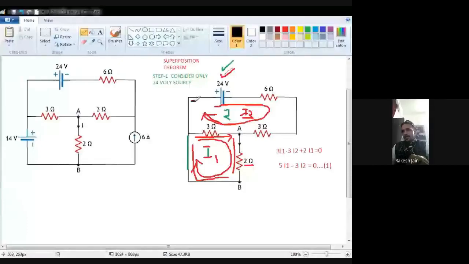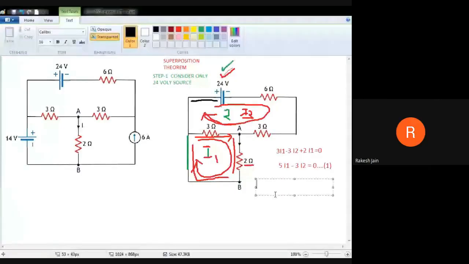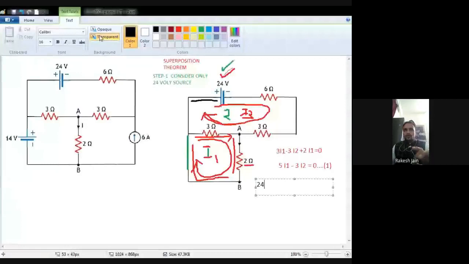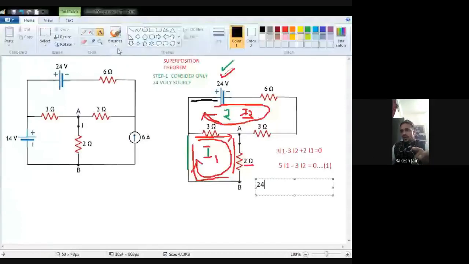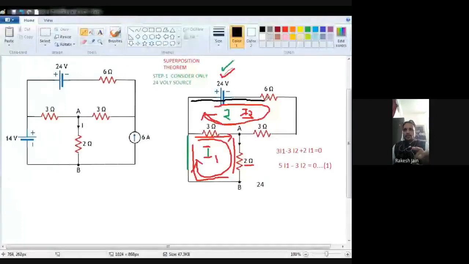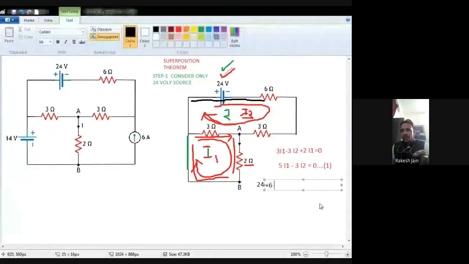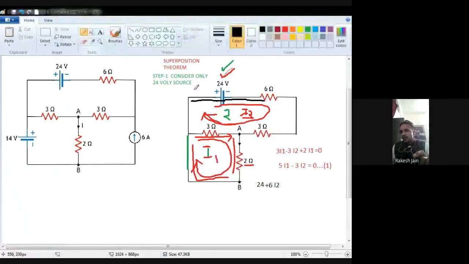I just increase the font size first of all. So 3I1. Now with this 3 ohm, one more current passes, that is I2, but in the opposite direction. I am going from left to right, but this I2 current goes from right to left.